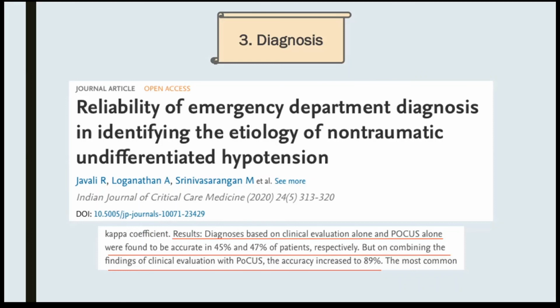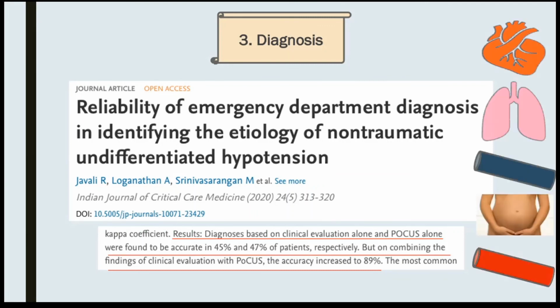So ultrasound plays a massive role in checking why the patient is hypotensive if you use it in conjunction with your clinical evaluation. And the accuracy when they combined the two increased to 89%, and that's a massive difference. But they did say they didn't just look at one view.